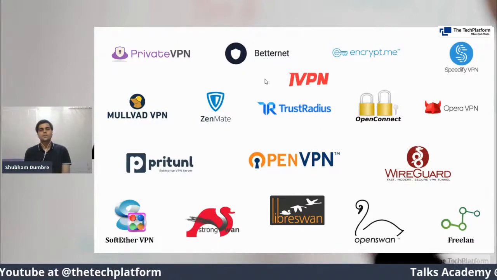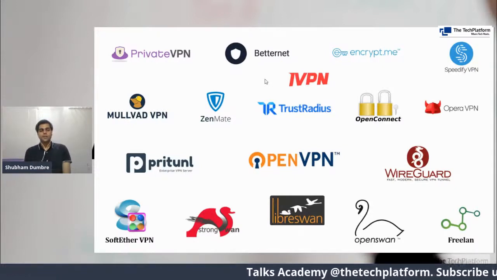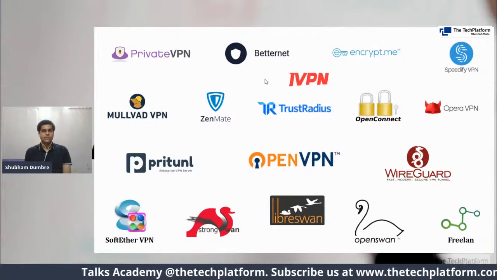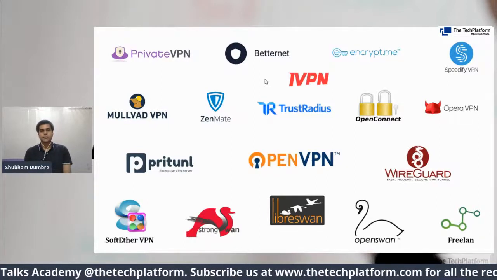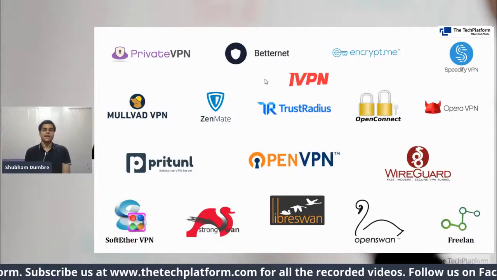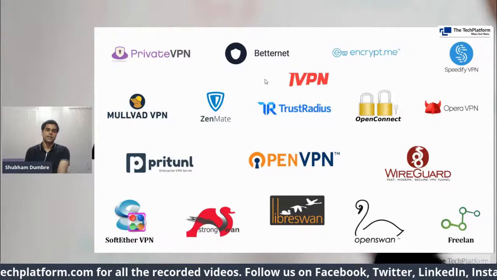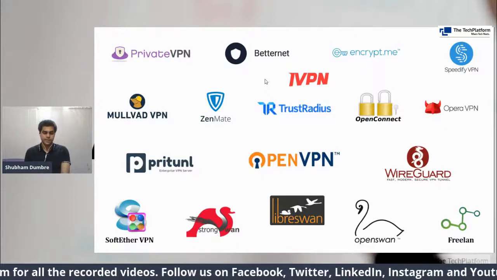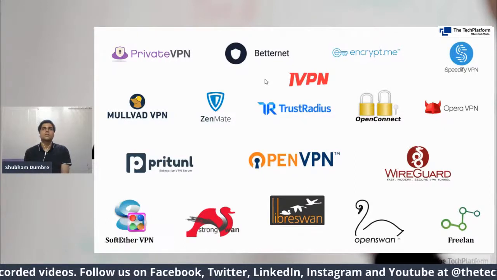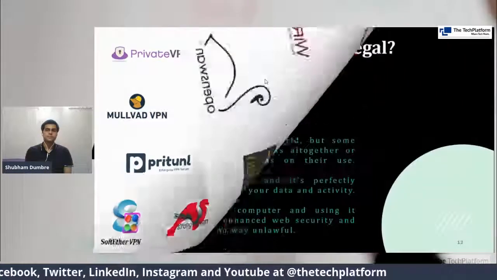So the open source options are OpenVPN, Pritunl, WireGuard, SoftEther VPN, StrongSwan, LibreSwan, OpenSwan, and FreeLAN. So these are around 8 options for open source VPNs, which you can definitely try and contribute to. And these will help you safeguard your security, safeguard your privacy, and help your overall research in a better manner.